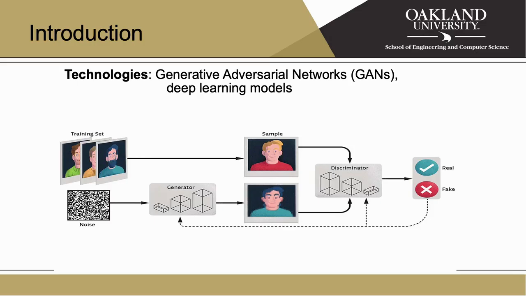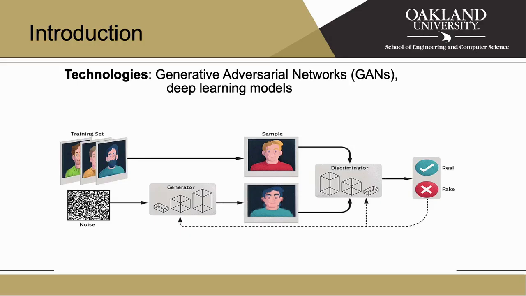The generator creates new fake images that closely resemble real data, while the discriminator tries to distinguish between real data and the fake data created by the generator. Through continuous competition, where the generator improves its fakes to trick the discriminator, and the discriminator gets better at catching them, the system produces outputs so realistic that they can deceive both humans and machines.